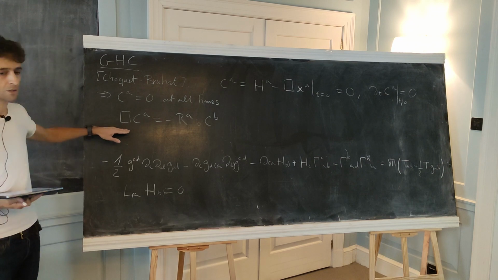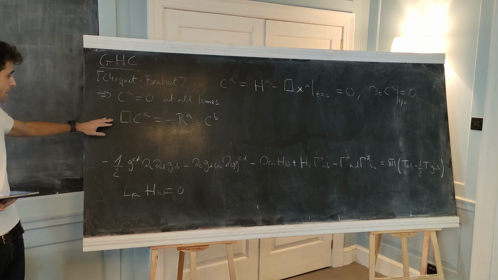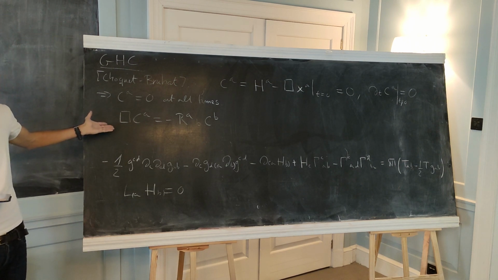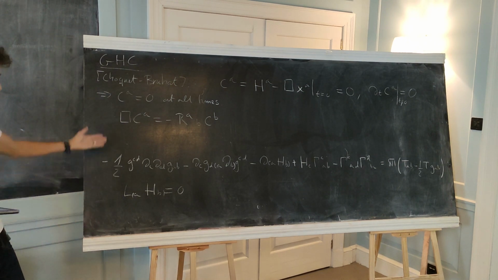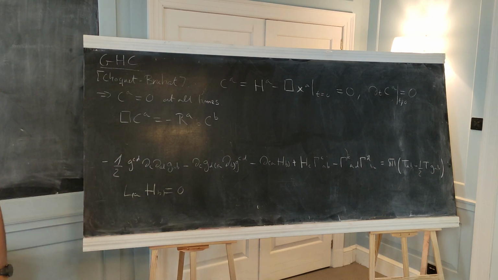Right? So since this is just a homogeneous wave equation, and if you have 0 initial data, then the fact that this is a wave equation guarantees that this is 0 at all times.